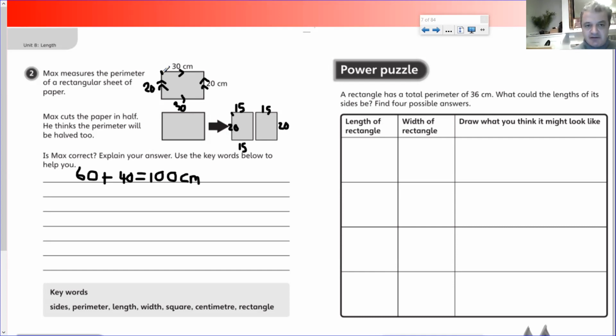Then we're going to go around. 30 add 20, 30, 40, 50. 50 here, add 30, 60, 70, 80. And then here, I go 20 more, 90, 100. So double check in my head that yes, the perimeter of the large rectangle is 100 centimeters.